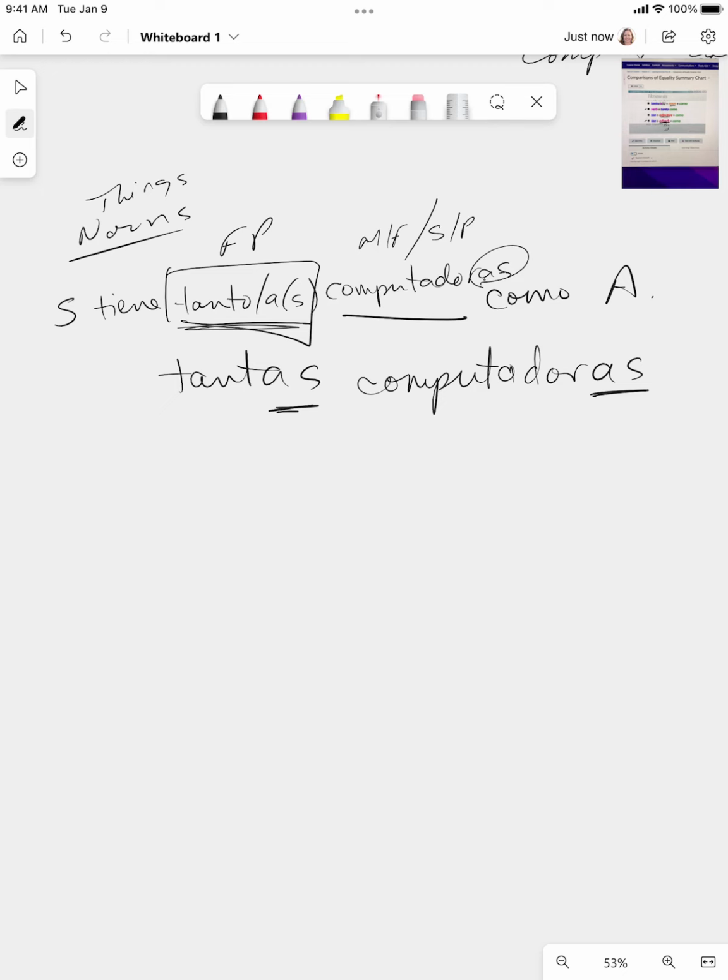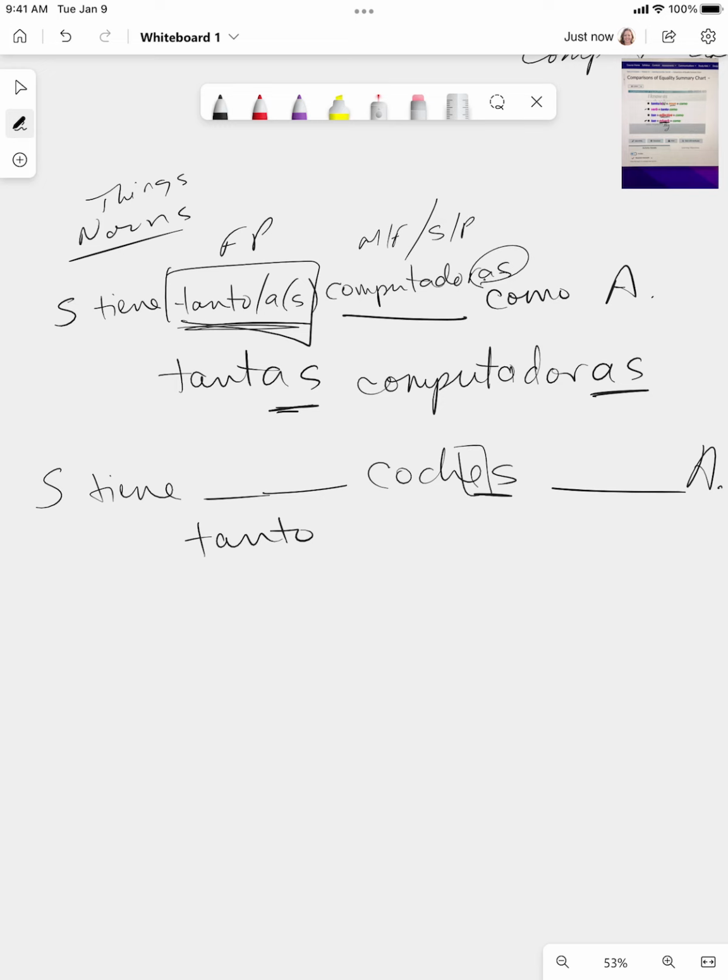Let's do one more with the nouns. Let's say Sarah has as many coches como Annabelle. All right, so again, remember our structure as in that picture that I showed you was tantos, tanta, tanto, and so on, plus the noun plus como. All right, so we've got our noun placed in there. So here we need to pick out which one matches coches. So this one we just have to know it's male from previous usage.